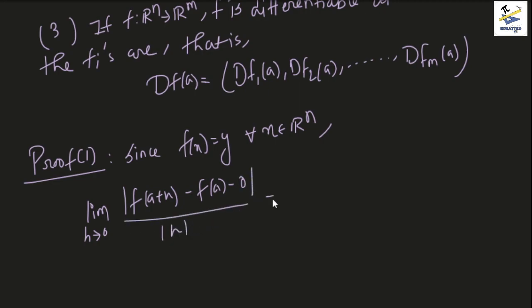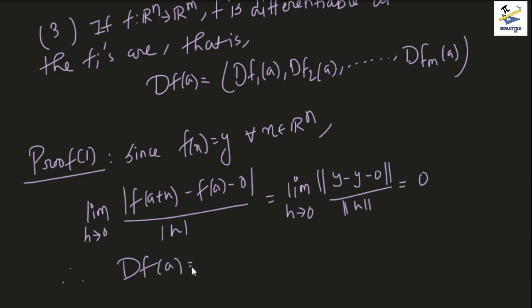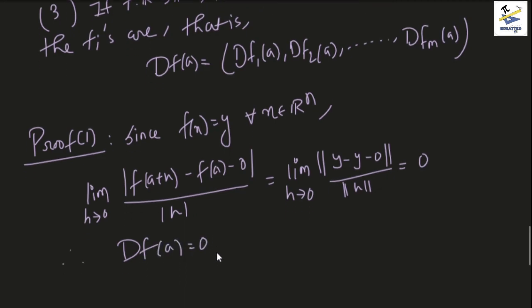So this limit should be 0. Now f(a+h) is y, and so is f(a), because it's a constant function, right? And of course with the norms. So this is basically 0 because the numerator has norm 0. So therefore df(a) is basically 0, right?